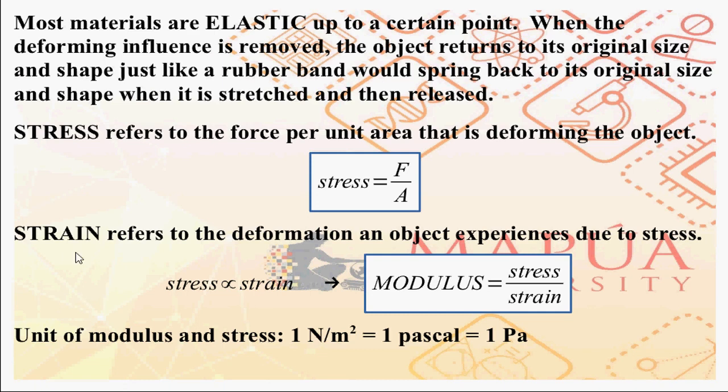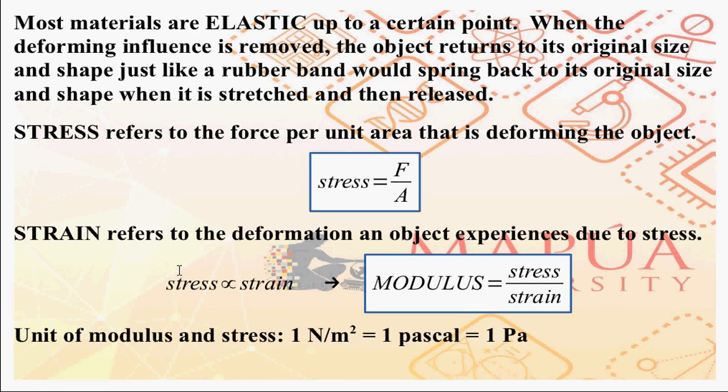When you compare strain and the stress that is causing it, it was observed that stress is proportional to strain. The deforming influence is proportional to the deformation that it causes.